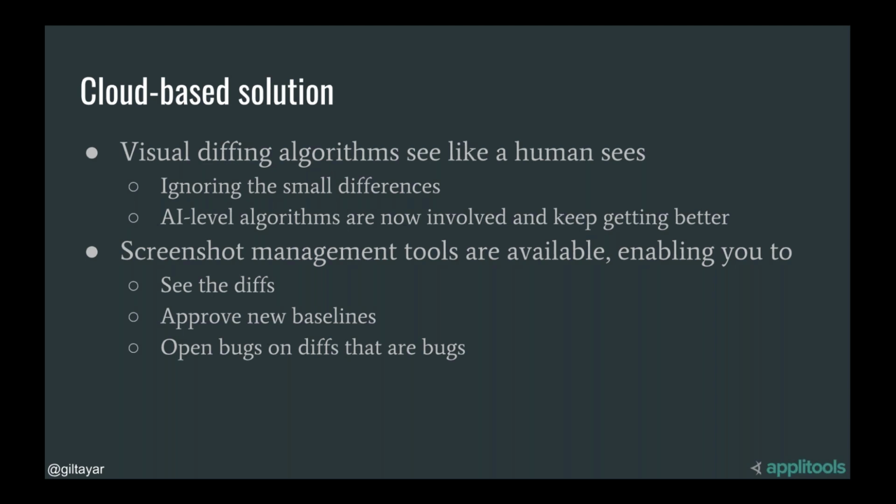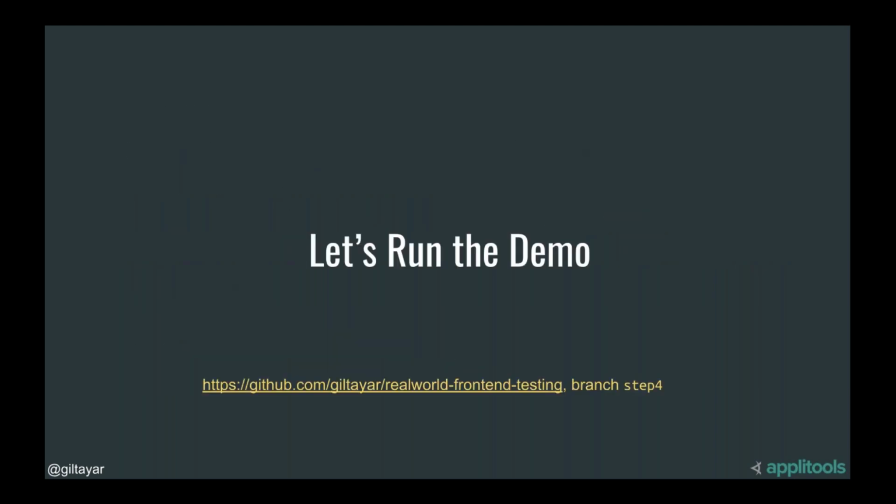And the screenshot management, because there's a GUI on the cloud that deals with the screenshots, enables you to see the diffs in a nice way, approve the new baselines, even open bugs on diffs that are bugs, and even approve, if I have the same change in the header for all the 100 screenshots, just approve them in one click.